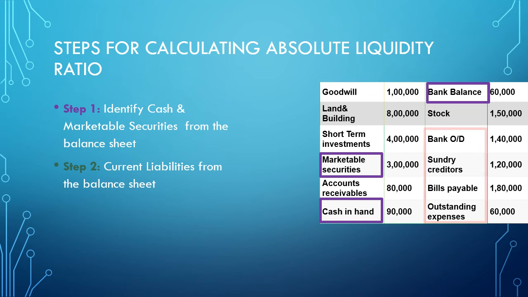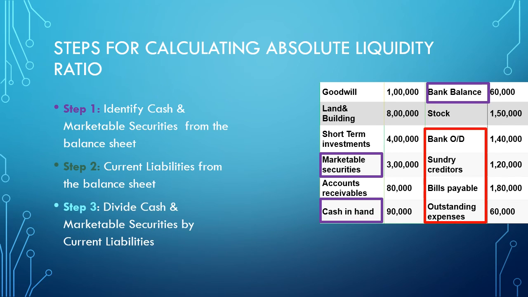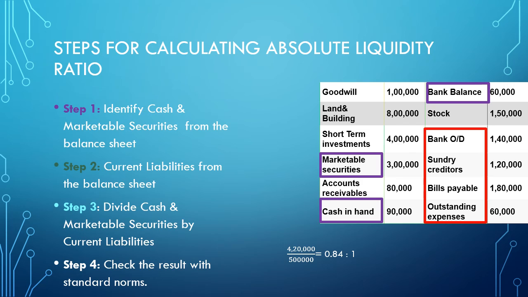Then take the current liabilities from the balance sheet. These are again the current liabilities. Then divide cash and marketable securities by the current liabilities. These are the division, 0.84:1. So in terms of absolute liquidity ratio, the short-term liquidity position of the company is satisfactory, because the ideal absolute liquidity ratio norm is 0.75:1.